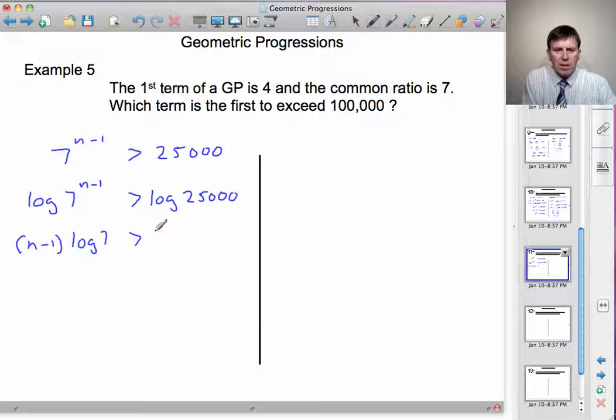is greater than log 25,000. Which means that n minus 1 is greater than log 25,000 divided by log 7.